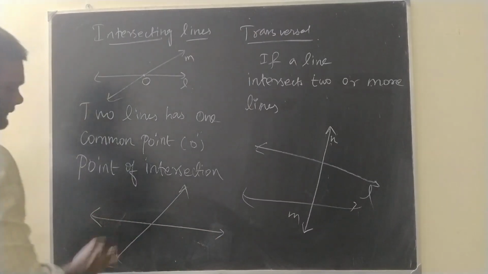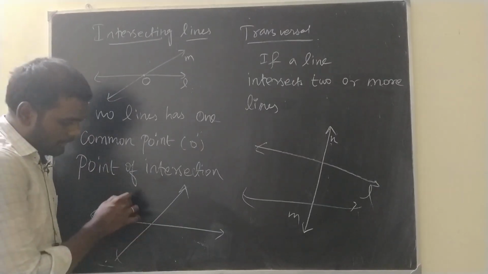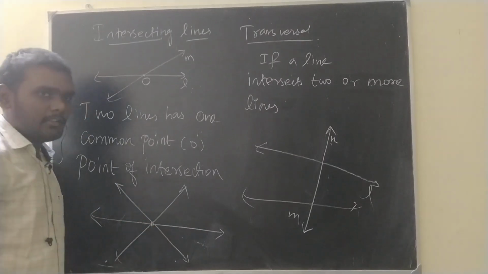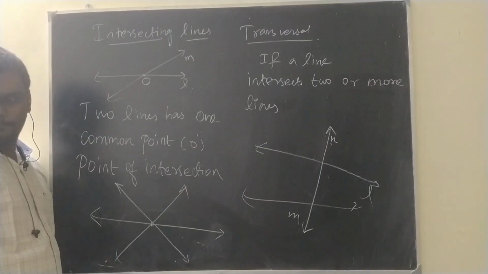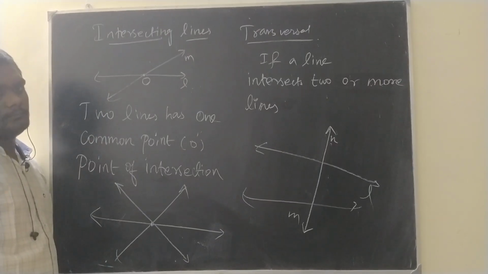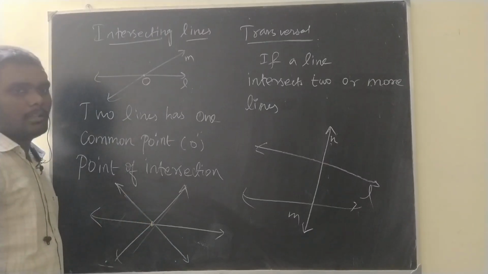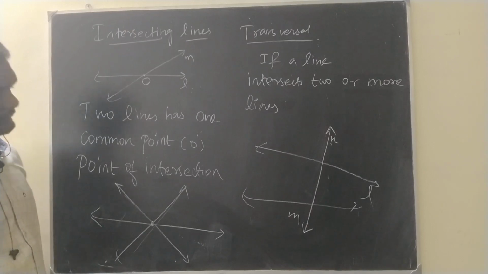Now in this situation, there are two lines which intersect each other, and one line is passing. Can you say any line as transversal? No, it is not, because if you take any two lines that have only one common point, you can simply say those are intersecting lines.